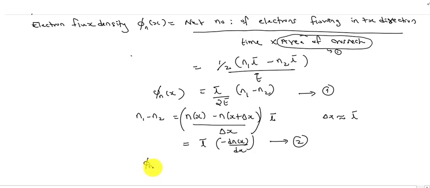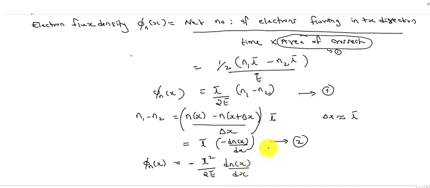So phi n of x is equal to, substituting 2 in equation 1, minus of L bar into L bar, which is L bar square by 2 T bar into dn of x by dx.